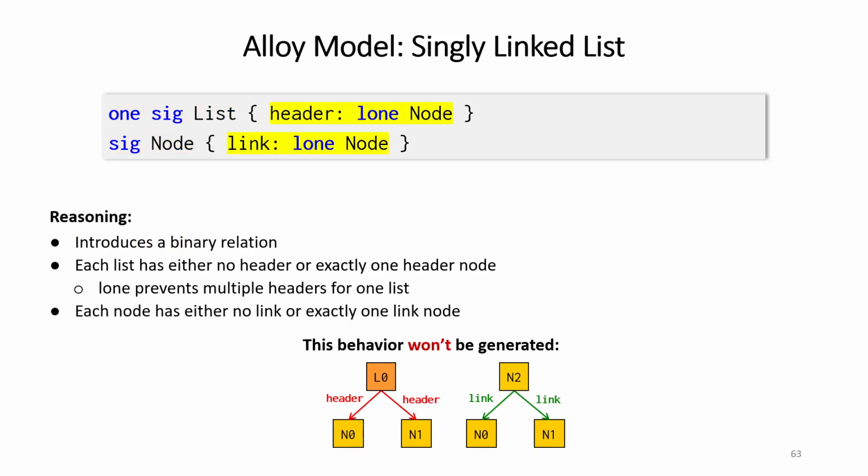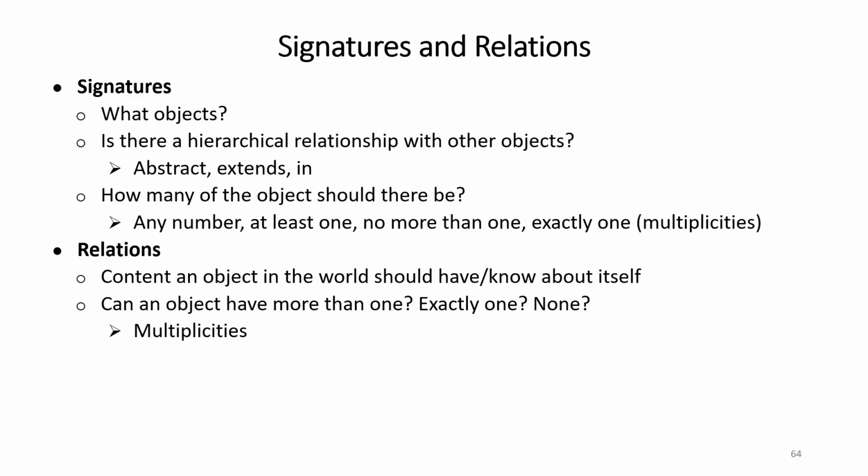Okay. Then we saw, we have those binary relations, and we also set the multiplicity to lone. So in general, you always think, what are the kind of objects that you want to model? So in our class example, we had the assignments, the persons, the professors, and the students. Then we need to check, is there any hierarchical relationships? So do we need to have any classes?